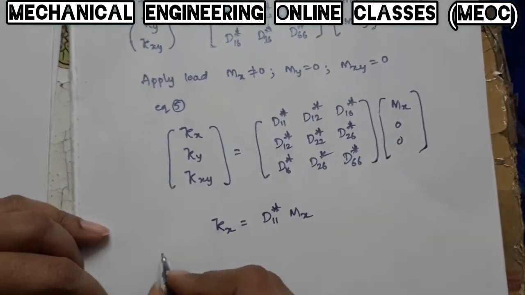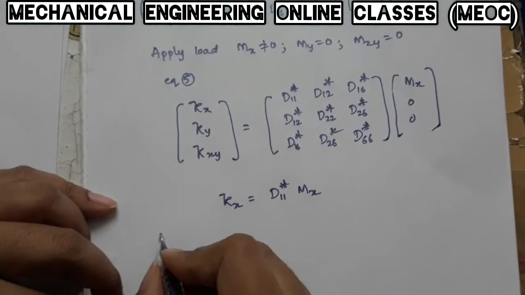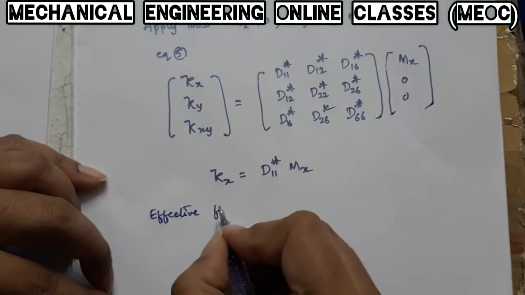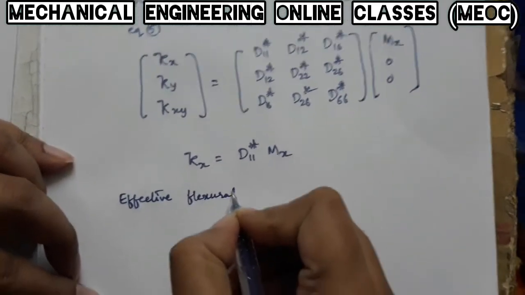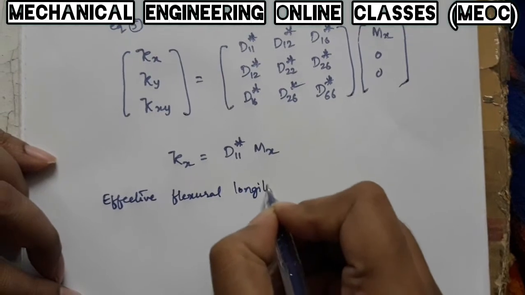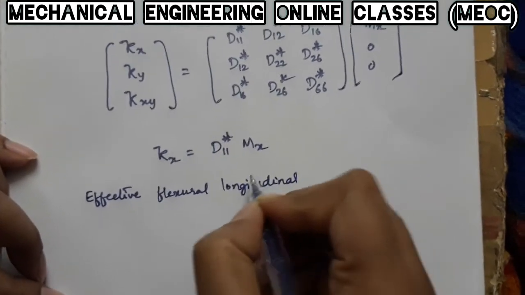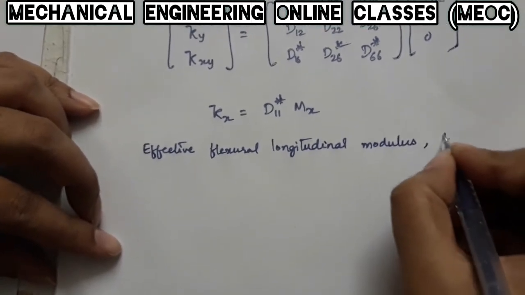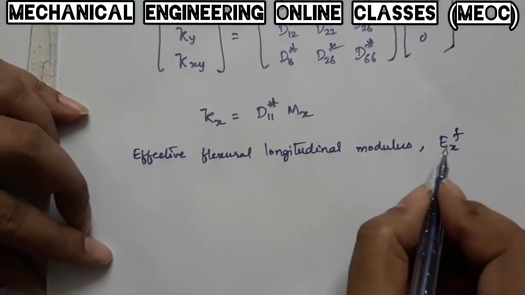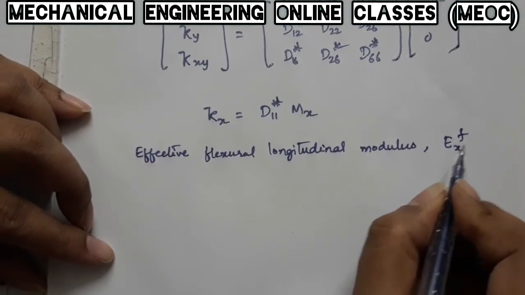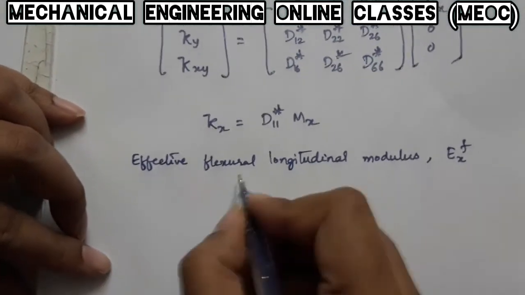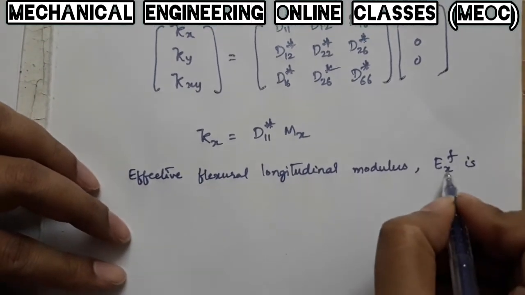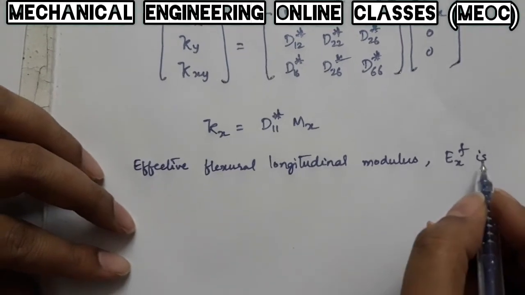Now from the formula of effective flexural longitudinal modulus EXF, that is Young's modulus along x direction, that too in bending state, because this Young's modulus is related to bending, we have to use the bending moment equation.